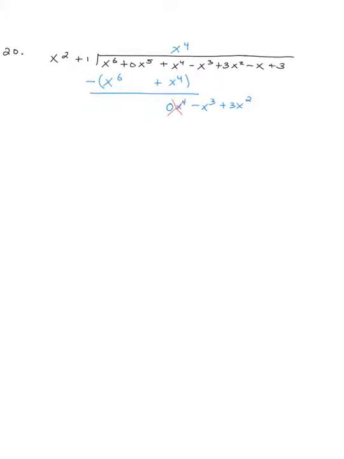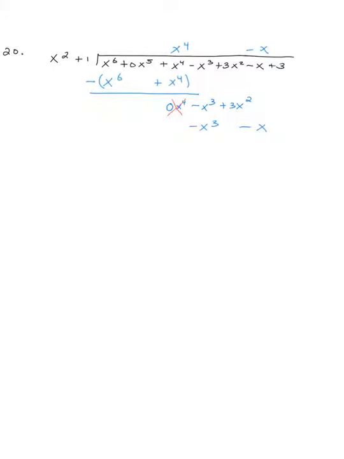What I'm really trying to do is cancel this negative x cubed. I'm going to multiply this by negative x. So I'll go all the way to my x's, put a negative x here. I get negative x cubed minus x.